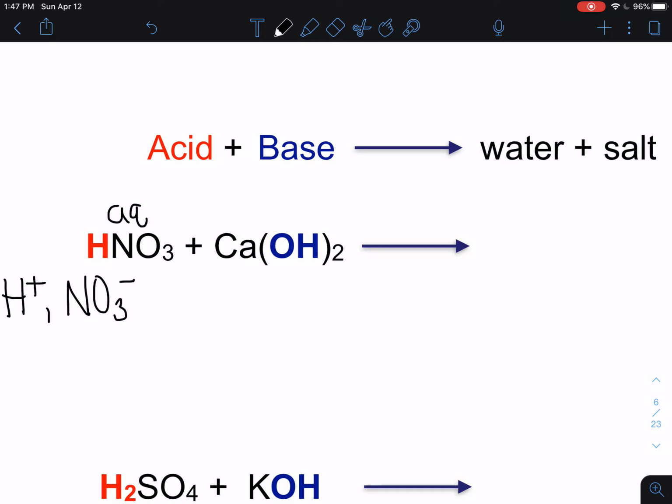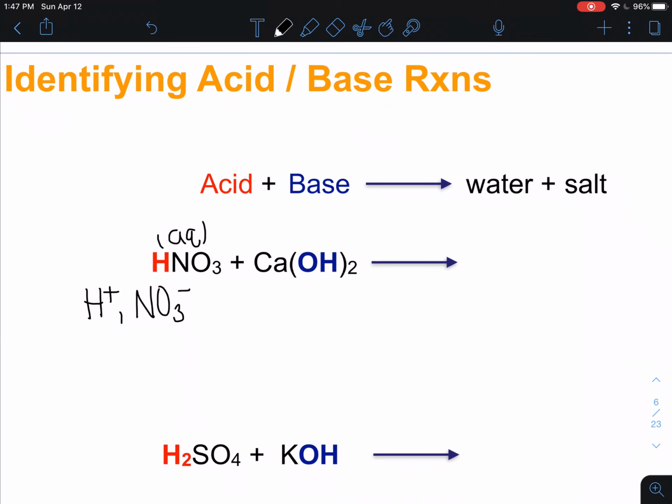This is kind of a typo, I did not write the phases right here, but calcium hydroxide is also soluble. Okay, so plus Ca2 plus, 2 OH minus.